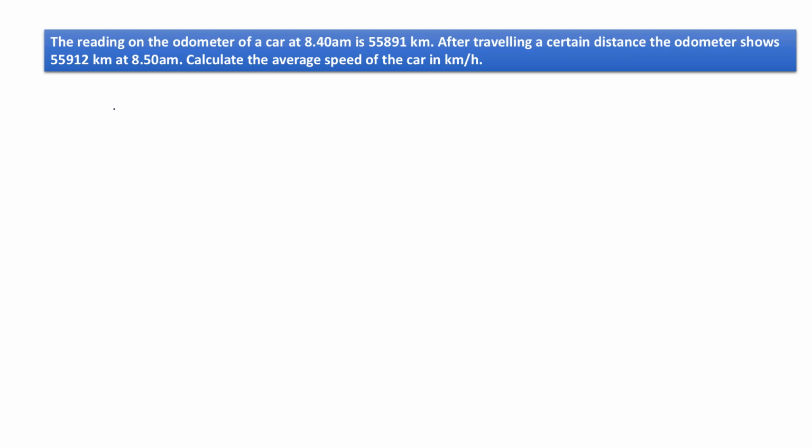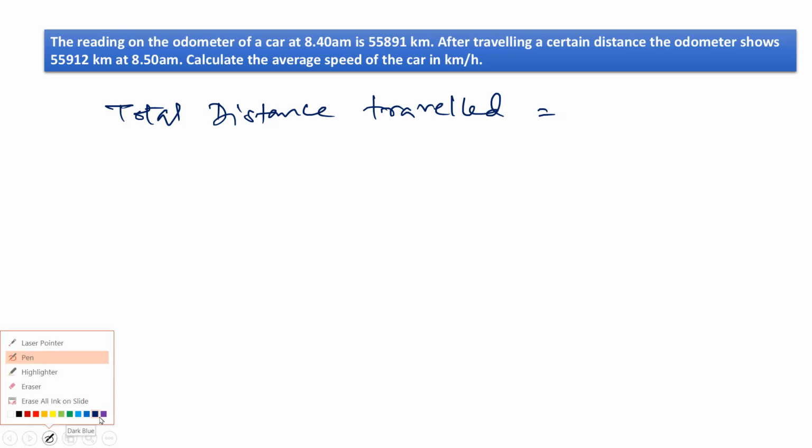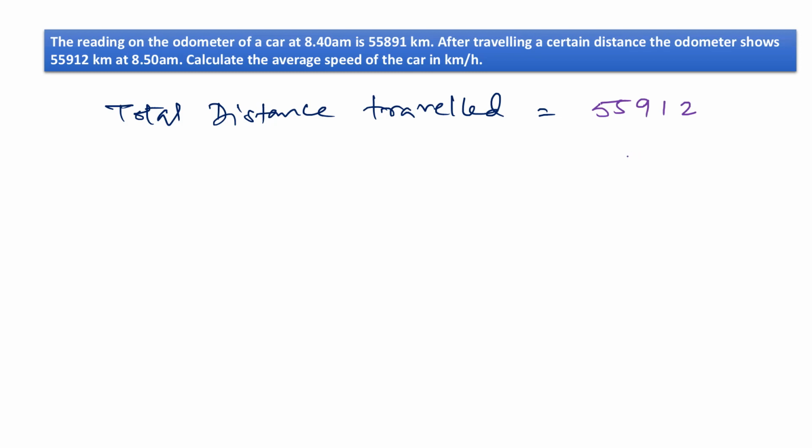So at first I have to find out the total distance traveled by the car. So the total distance traveled, that means how much? In this case, what you have to do to find out the total distance traveled? That is 55,912 minus 55,891, right?